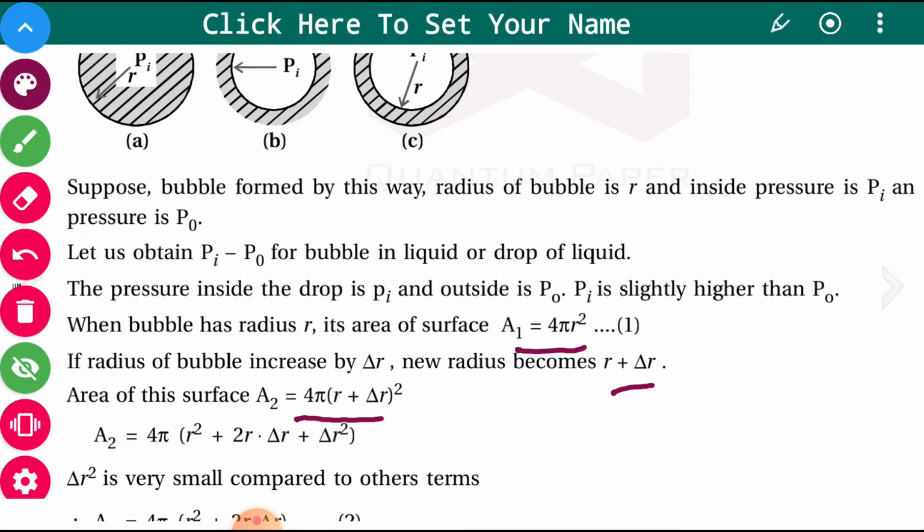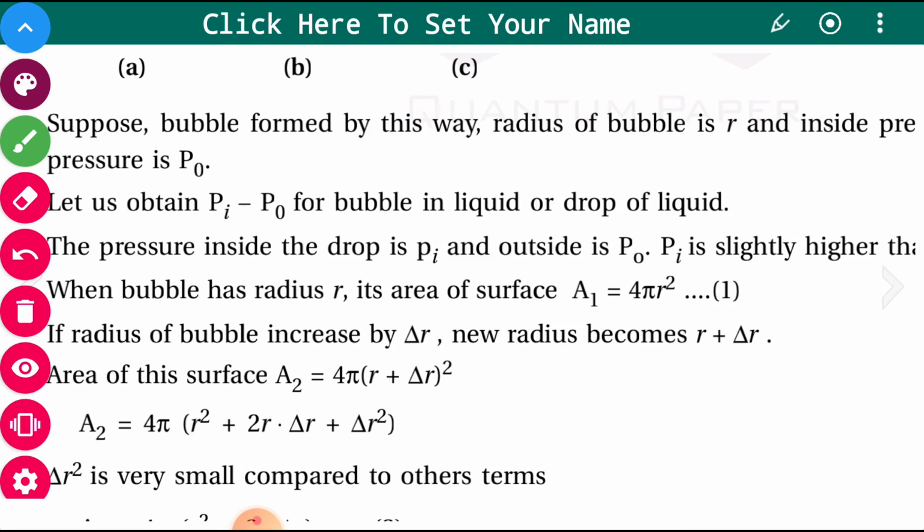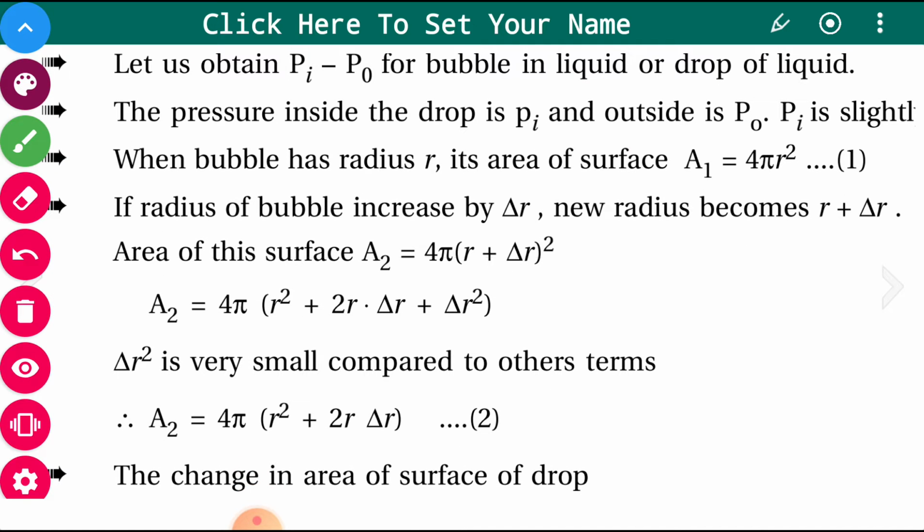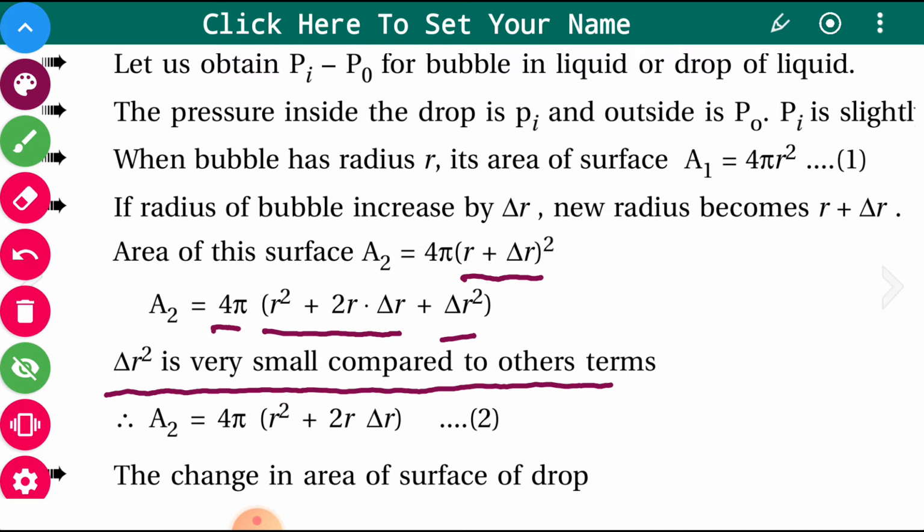So the new area will be 4 pi (r plus delta r) whole square, and if you open the bracket, we have 4 pi into r square plus 2r delta r plus delta r square. Now delta r is very small, so its square will be very small. Neglecting it, we have r square plus 2r delta r.